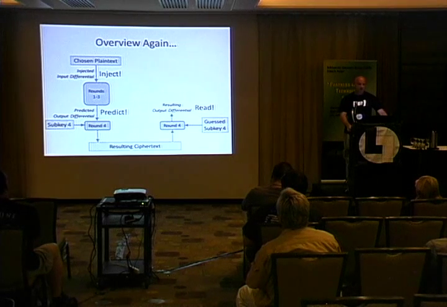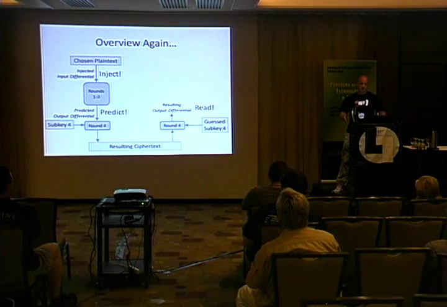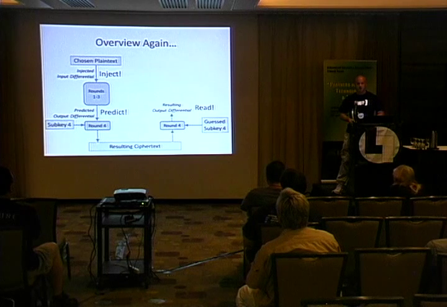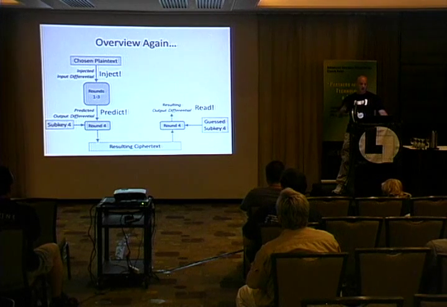So again, now that we have a little bit of context about what this means, we're going to inject numbers in pairs. We're going to inject blocks in pairs that have this input differential. It goes through the first 3 rounds, and it should give us the predicted output differential, whatever number that happens to be. We get the resulting ciphertext.